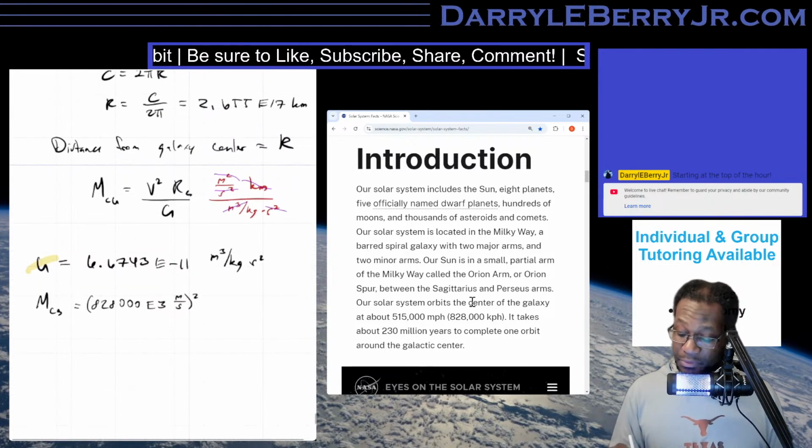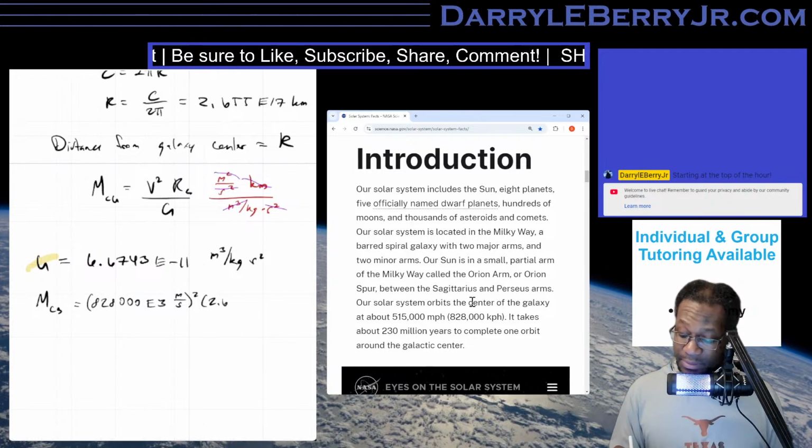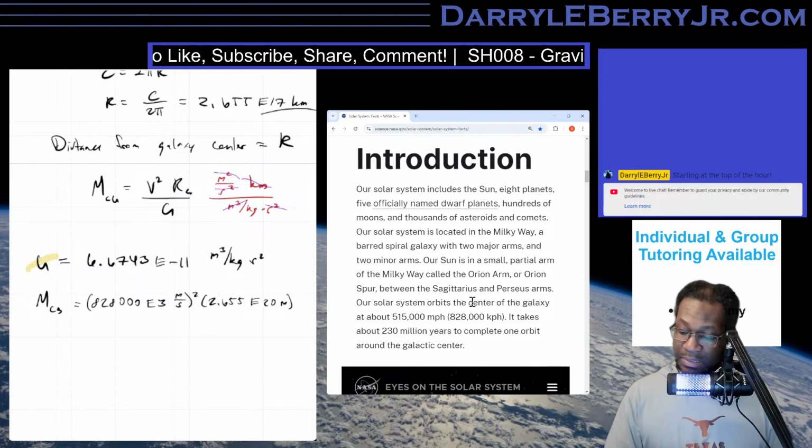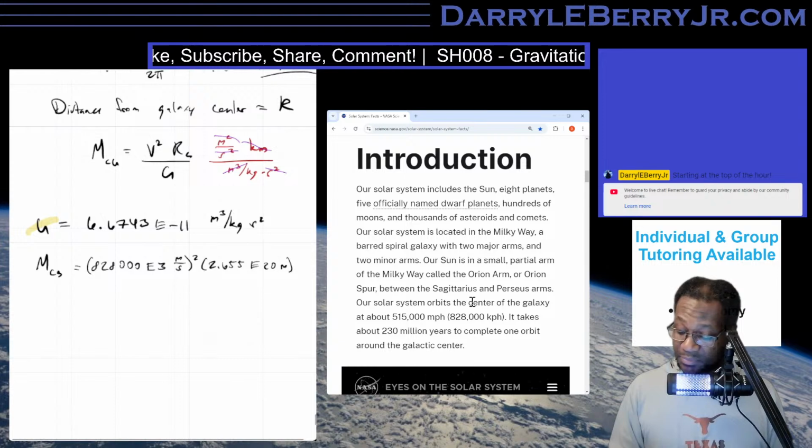The radius is going to be 2.655 times 10 to the 20 meters, because I have 10 to the 17 kilometers, and a kilometer is 10 to the 3 meters.